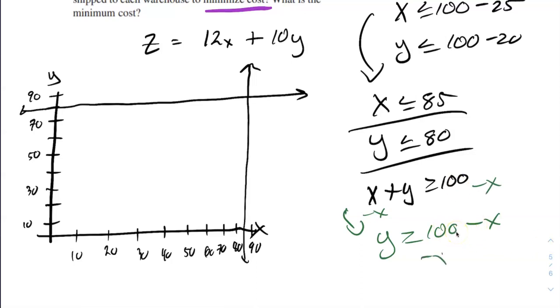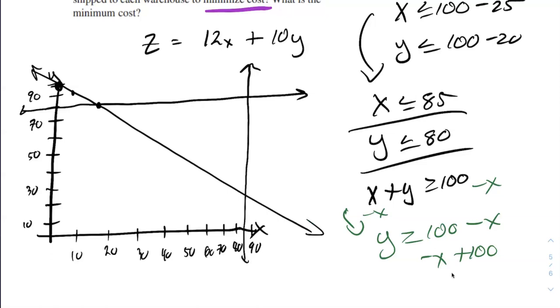You go up to 100, and my slope is -1, so I go down 1 over 1, or down 10 over 10, and I get something that looks like this, all the way down. And then this is where we're trying to optimize, this little region here.